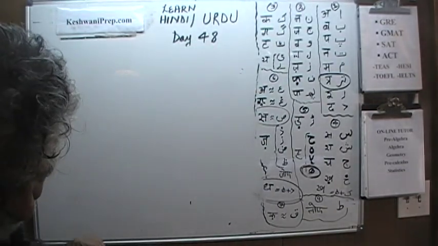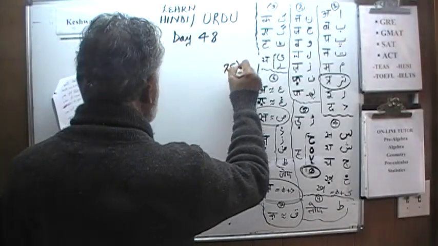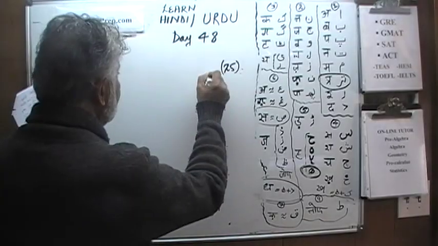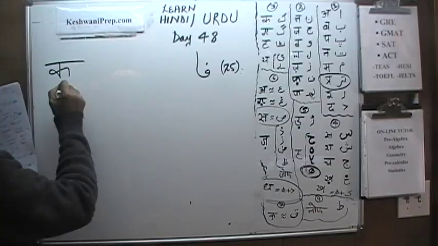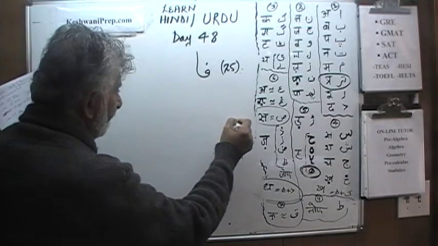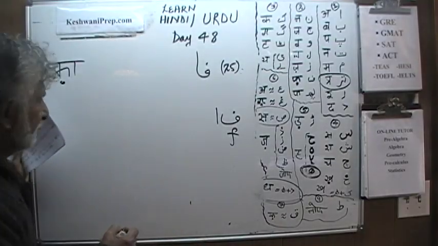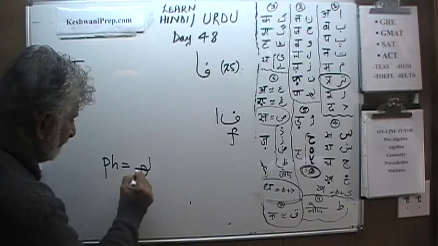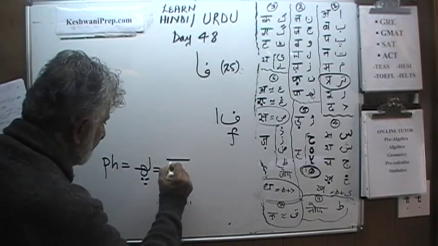Next line. This is the vocab word as well. The word is fa. And again, this fa is this letter fa. This is letter F, and not ph. Had it been ph, this would be this fa, in which case, this will be the exact equivalent of the Hindi letter fa.